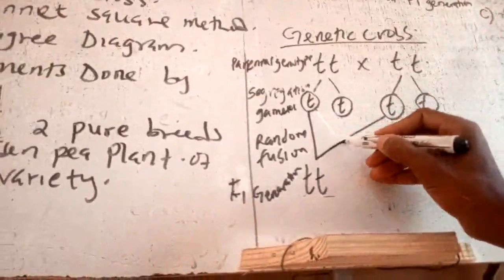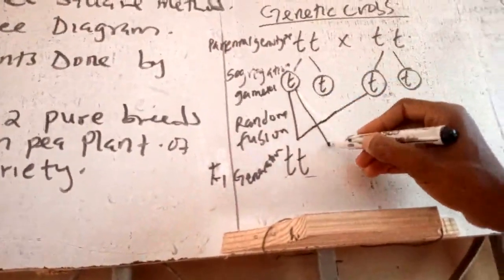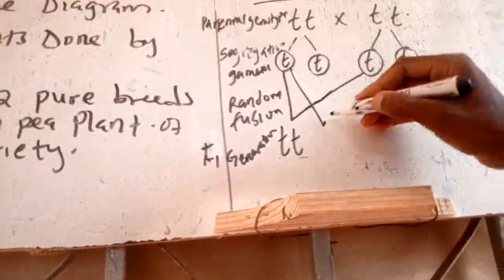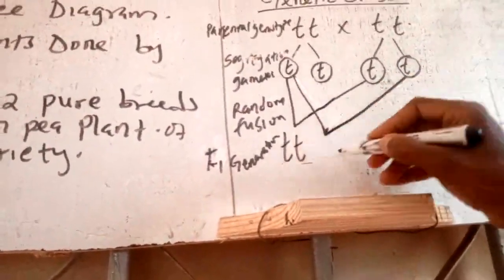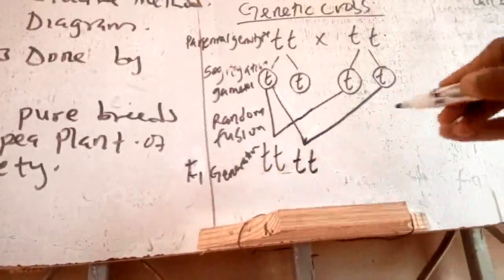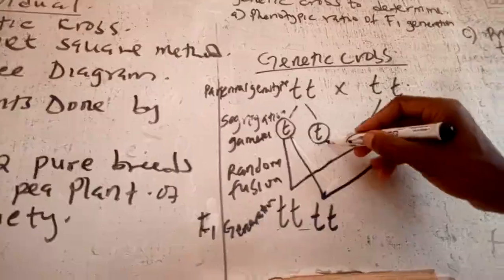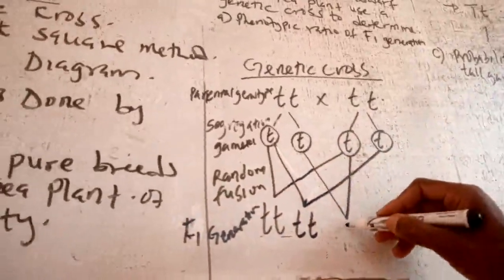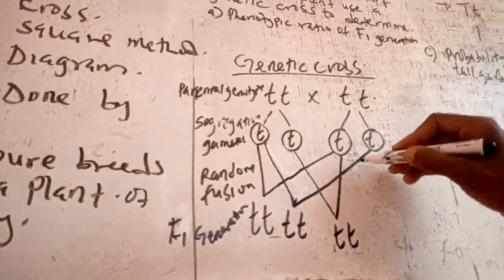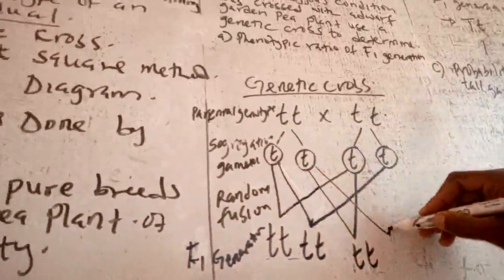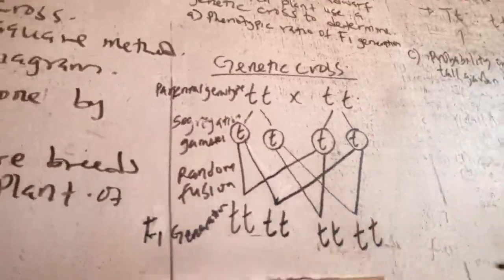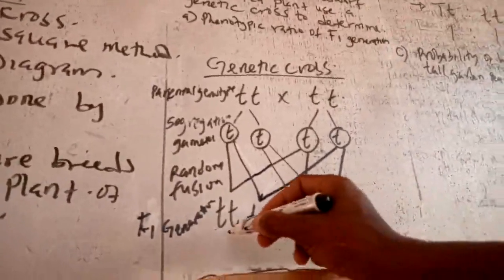Meaning the first one goes that way, the second one may be linked also with the second one, and therefore we'll have the second offspring. The third offspring, this one links with the other one, and that is small t. And also the second one may link with the second one on the other side, and therefore you'll get a t. And therefore, what is the observation?